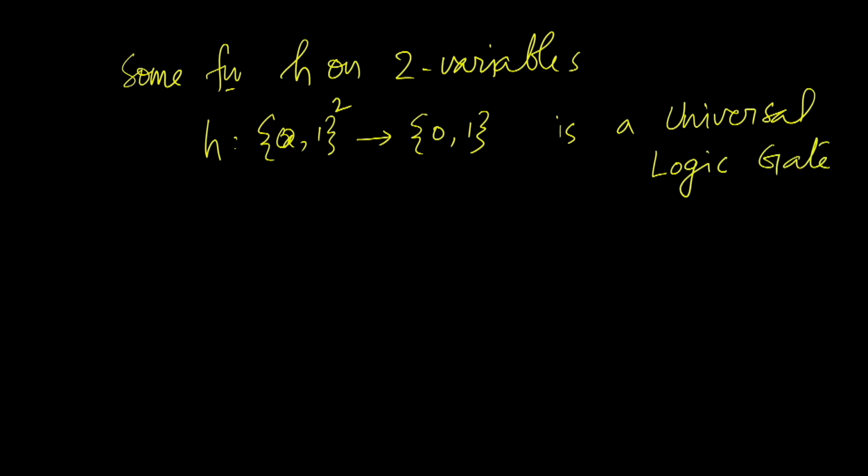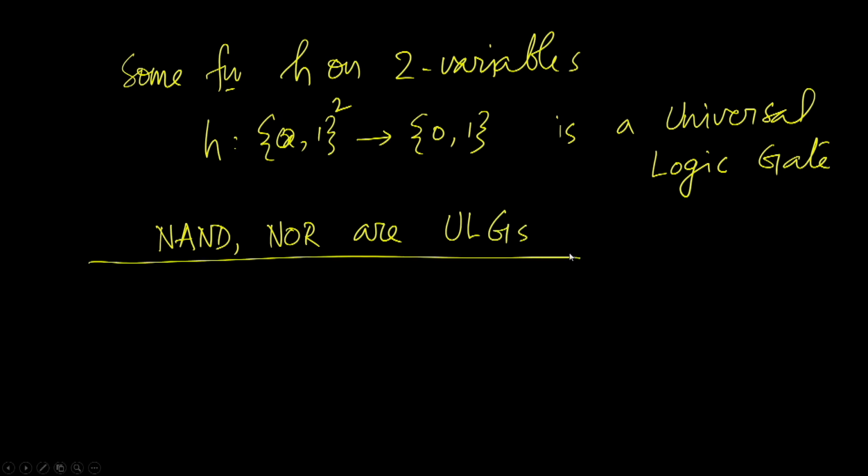A universal logic gate is precisely a two-variable Boolean function that forms a complete set of connectives by itself. So we know that NAND and NOR are universal logic gates. But are these the only universal logic gates? We want to claim that they are the only universal logic gates. Now suppose h is some two-variable Boolean function that is a universal logic gate.